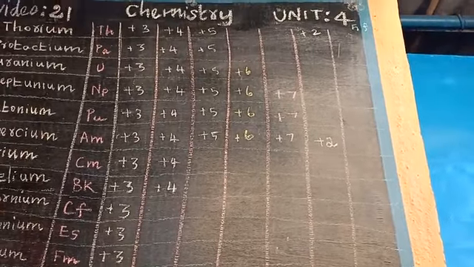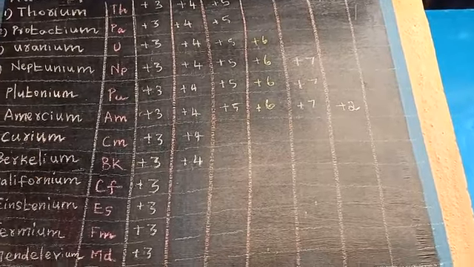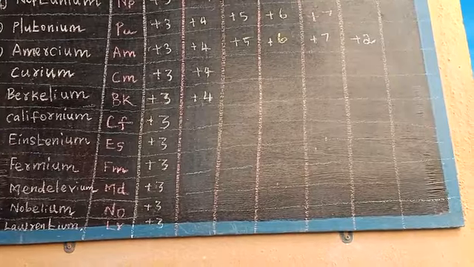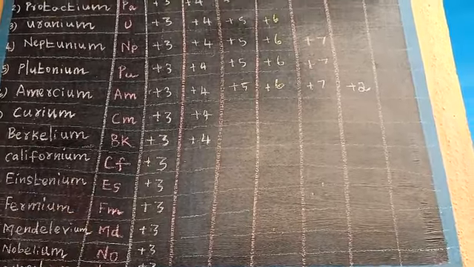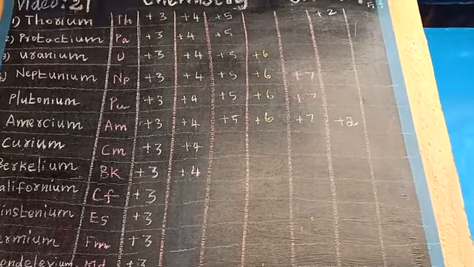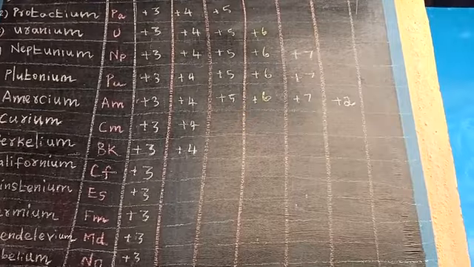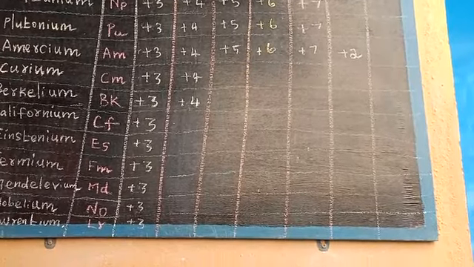In f block elements as well as transition elements, a single element exists in more than one oxidation state. This is one important property of transition d block elements, and it behaves as a catalyst. We know this very well.